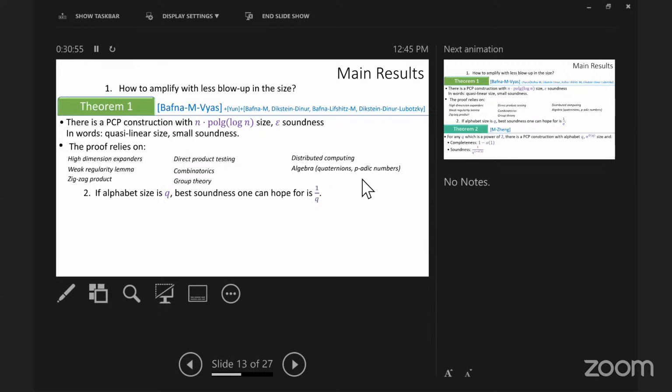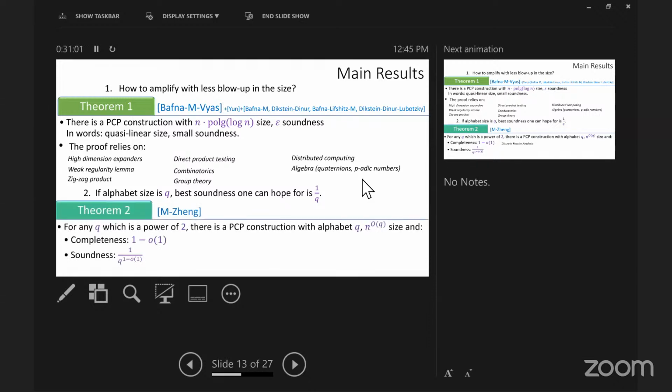So now with respect to the second question, suppose the alphabet size is Q, what is the best soundness that you can get? We have the following result with Dikstein, and we show that for any Q, there is a 2-query PCP construction where the completeness is close to 1, it's 1 minus o(1), and the soundness is almost 1 over Q. It's 1 over Q to the 1 minus o(1).